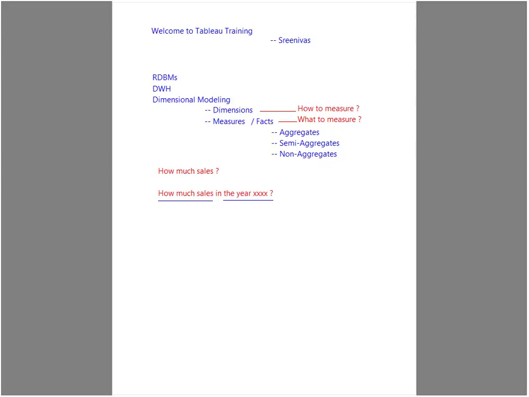Or if you ask a question like how much sales done in a particular region, say the West region. I'm just giving a random question, so this is one question which has a meaning.